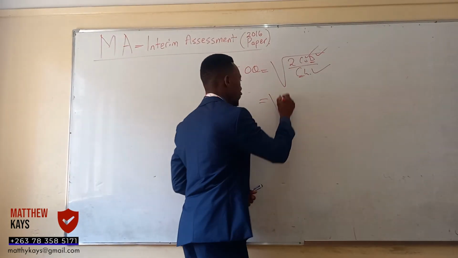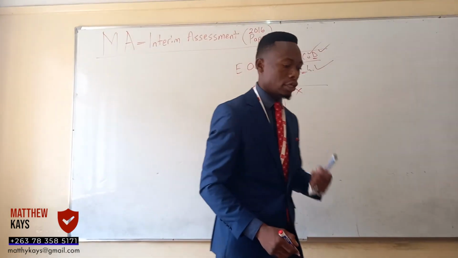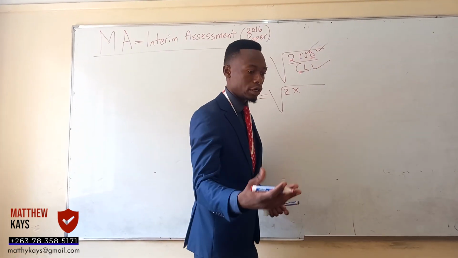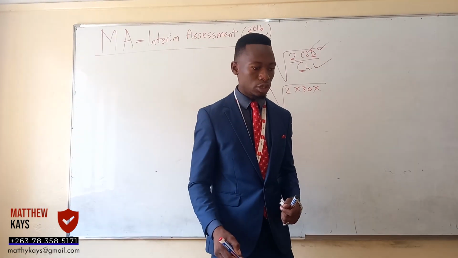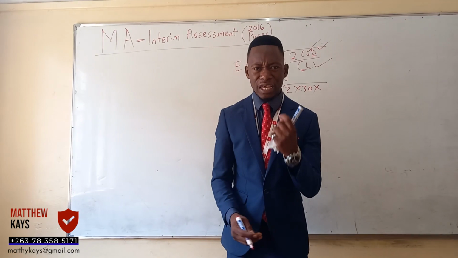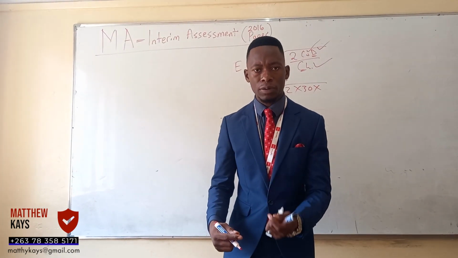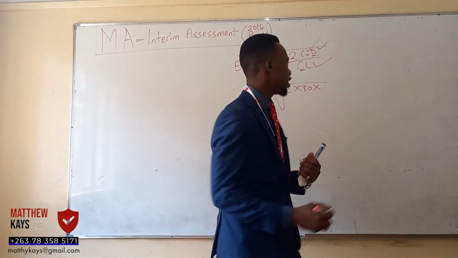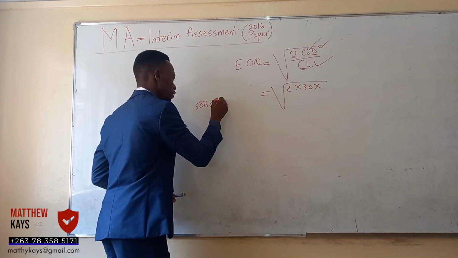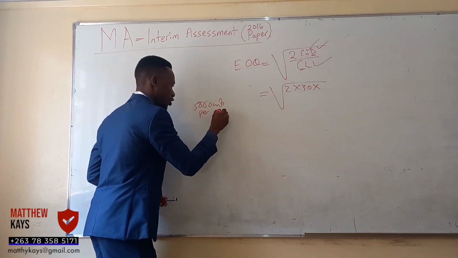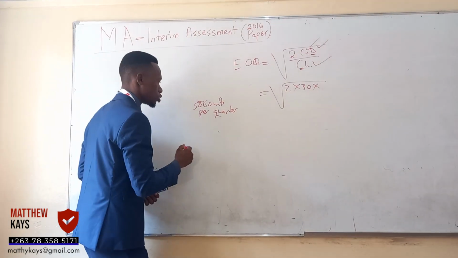So guys, following the formula, square root of 2 multiplied by what is my Co, the cost of placing an order, the delivery cost of the order, that's $30, times the demand, which is 5,000 units per quarter. If they had said per month, for me to get per year, I was going to multiply by 12. But if it's 5,000 units per quarter, what do I do to get per year?